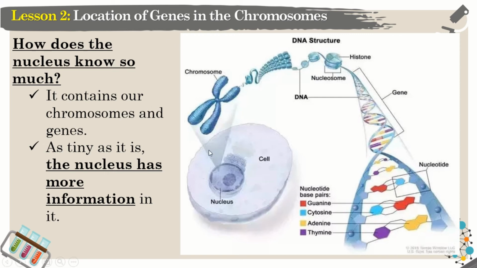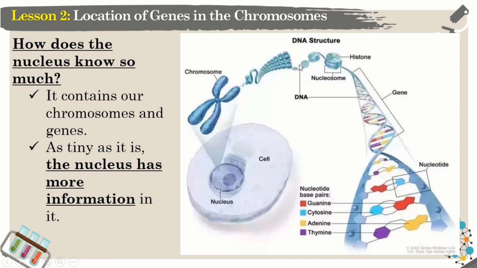So as you can see here, when we locate again your genes or your structures, this would be the cell. Inside the cell, you can find the brain of the cell known as your nucleus. Inside the nucleus, you can find the chromosomes, wherein this chromosome is made up of DNA, nucleic acid.